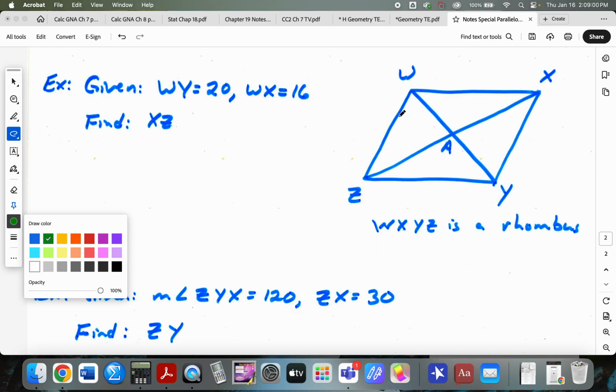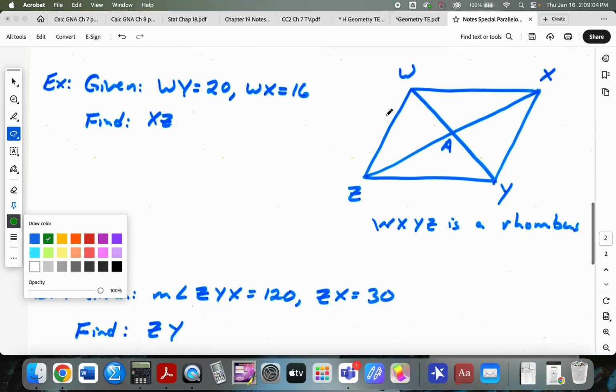All right, so we know that WY is 20. That's really hard to put on here. What would be the easier thing to put on there? Say what, Andrew?